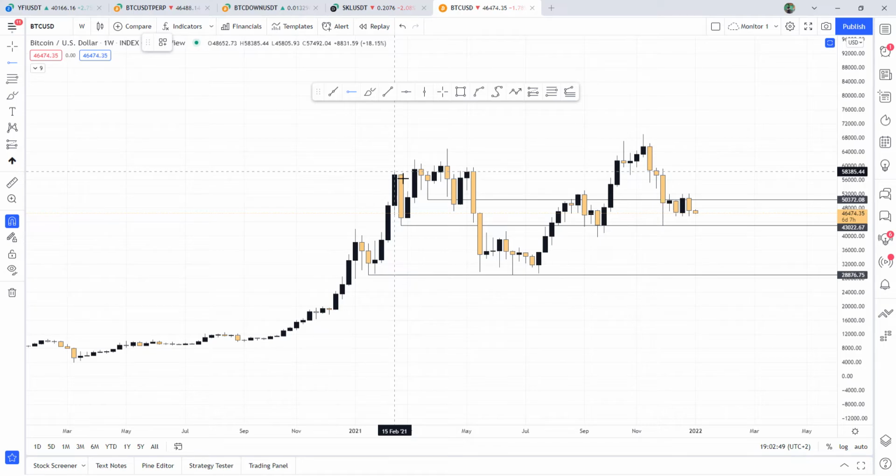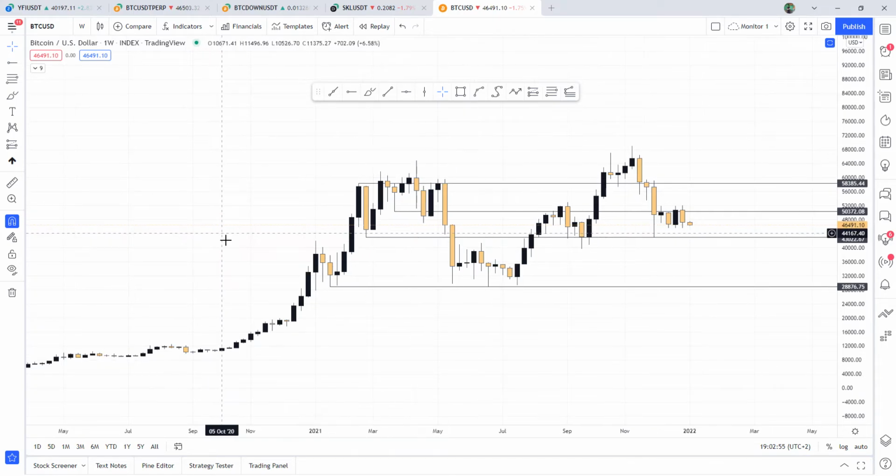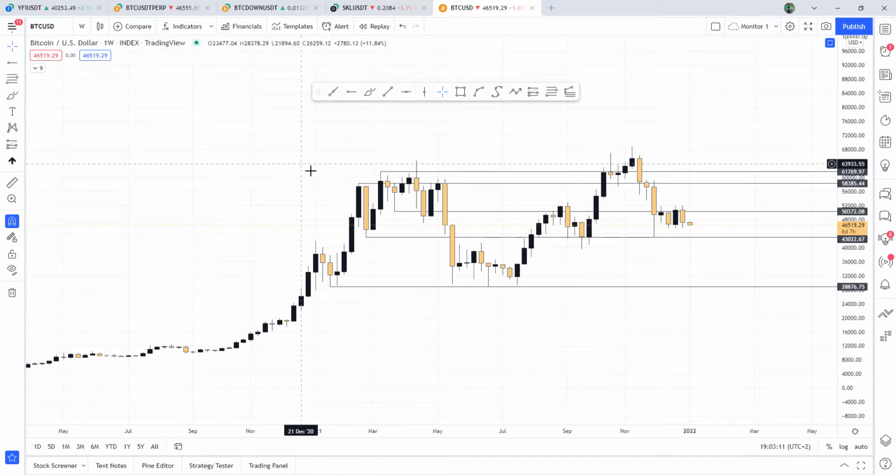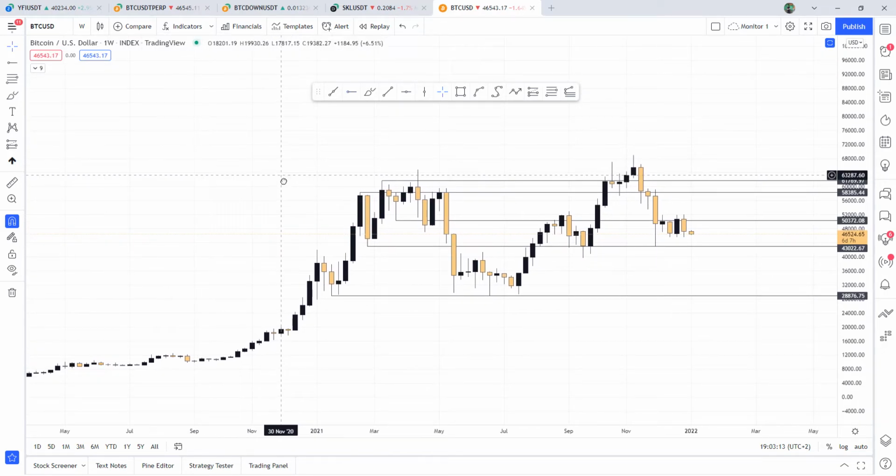This is the last black candle, and we're gonna mark this wick here. Then we mark the support here, and now we're gonna mark the resistance, and we have one candle, two candles, and we're gonna mark this top of this candle.